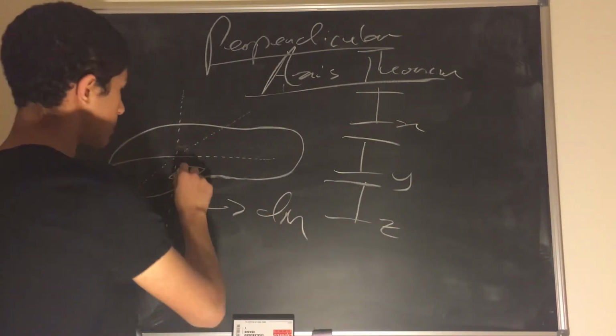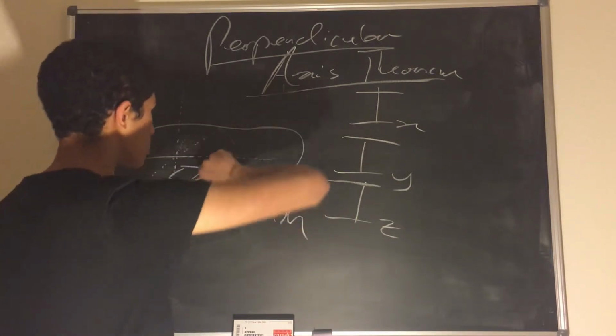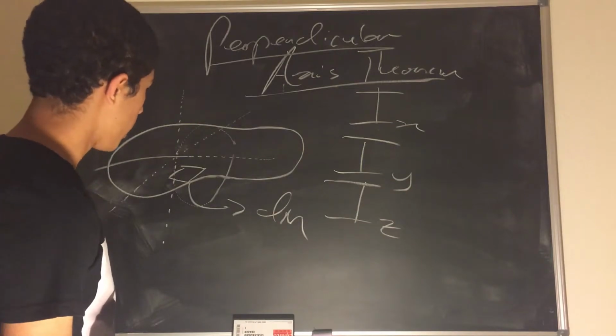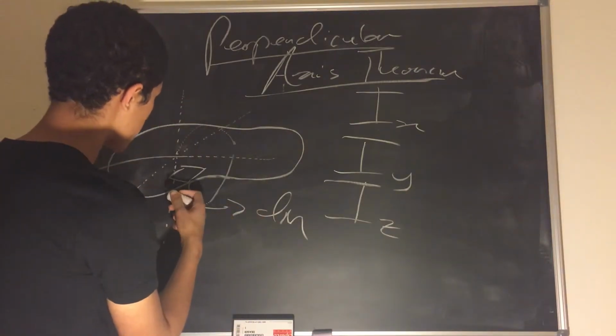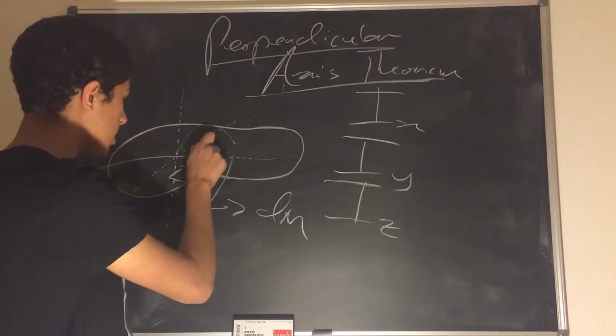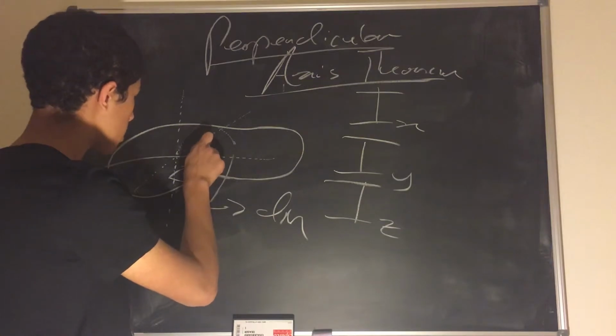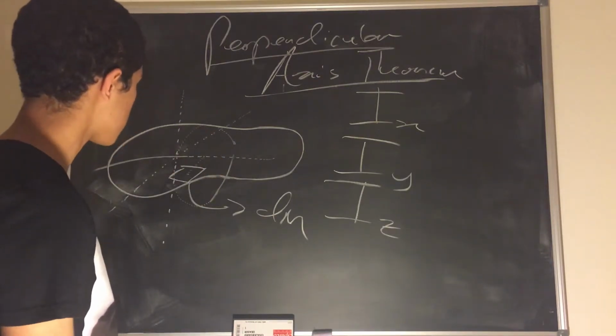So this dm mass element would go in circular motion about that rod, and it would maintain a constant radius with that rod. What would the radius be? The radius is simply how much the mass element deviates from the x-axis.